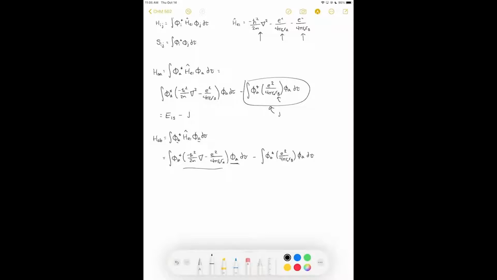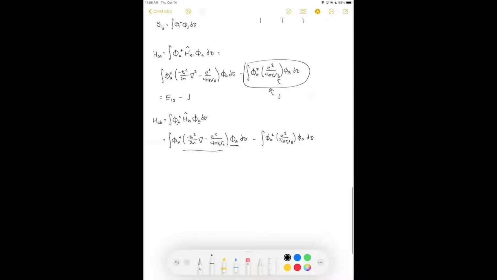However, unlike in the last case where that left me with phi star A, phi A, which integrates to 1, I don't have that. So what I end up getting when I do that is the energy of the 1s electron times the integral of phi B star phi A. And we define this as the overlap integral. So this first term is the overlap integral times the energy of the 1s electron.